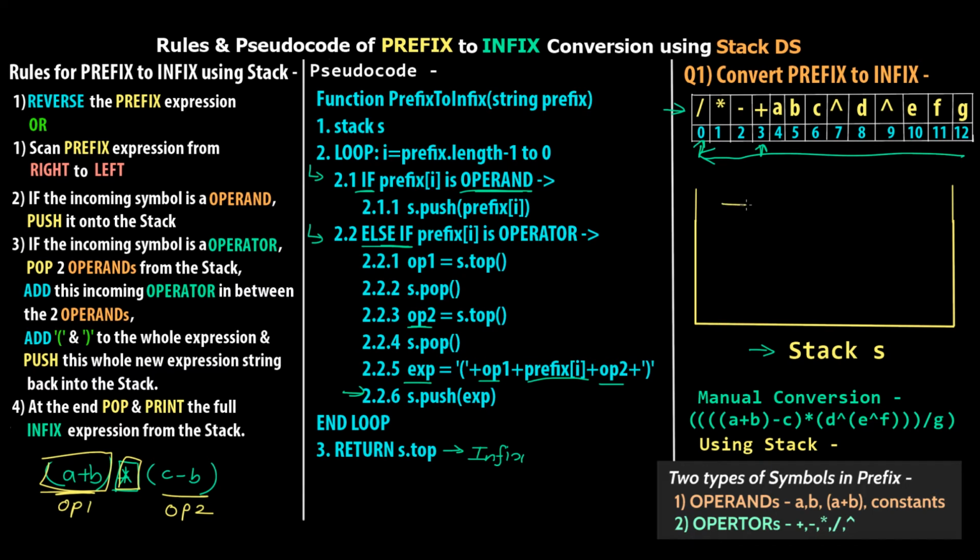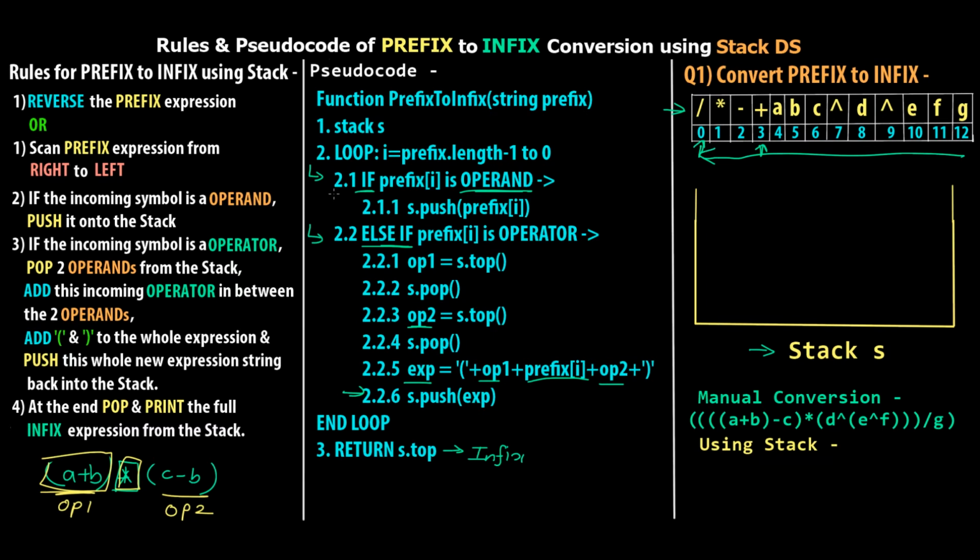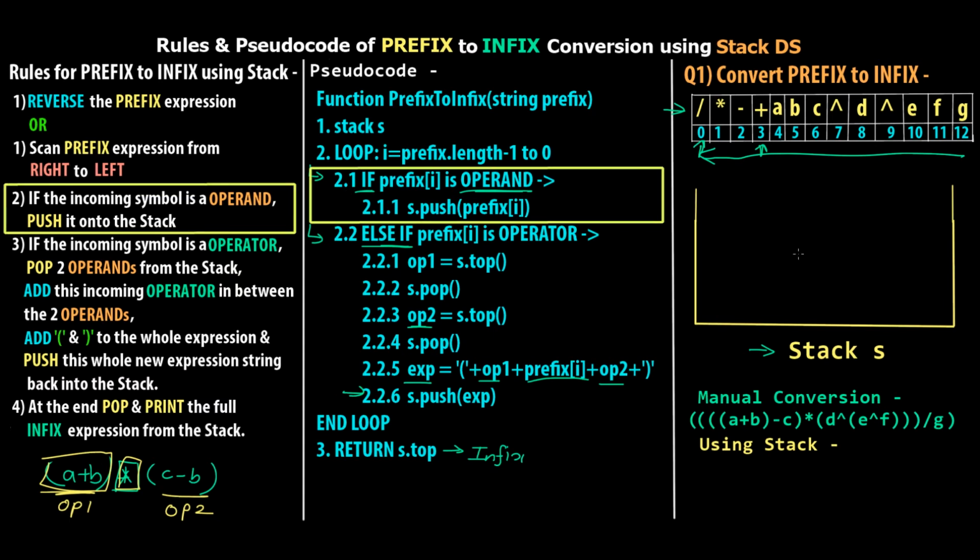What is an operator? An operator is plus, minus, divide by, star, that is multiplication, and raise to. In our case, we are only considering these five as operators. So only two things can happen: the symbol can be either an operand or an operator. So that's why we have only two conditions. Okay. So if it is an operand, we have to simply push it onto the stack.